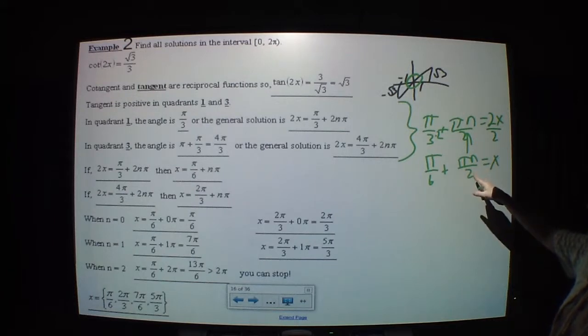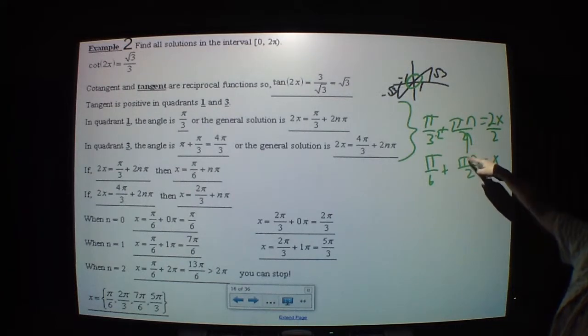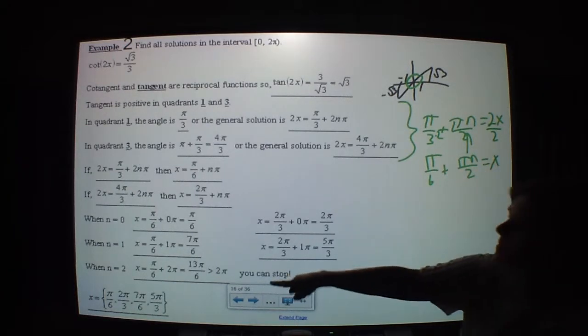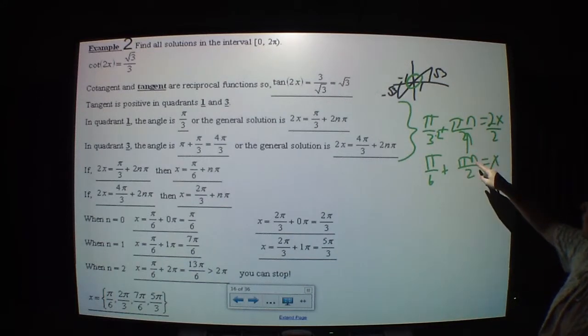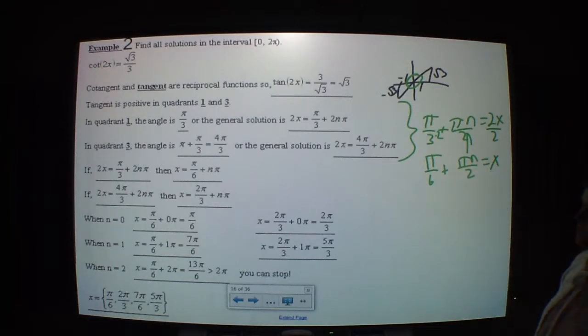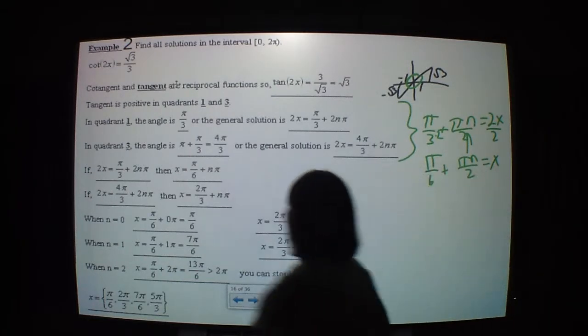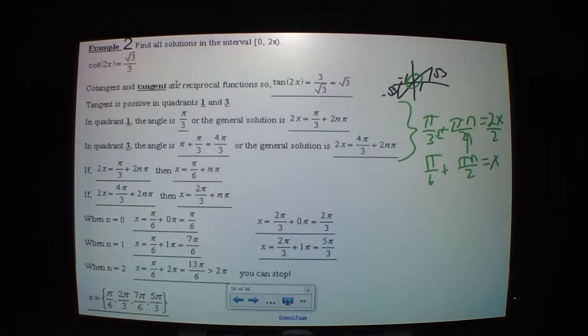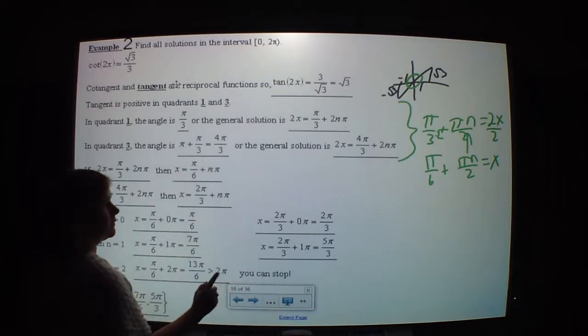When n is 2, you have plus pi, so 6 6 plus 1 6 is 7 6. When n is 3, you have 3 halves, which would be 9 6, plus 1 6 is 10 6. 10 6 reduces to 5/3, so you have the 5/3 pi. When n is 4, you can see that you'd be adding 2 pi. Yeah, you're done. You would stop. So you can do it either way. You'll still get the same answers.